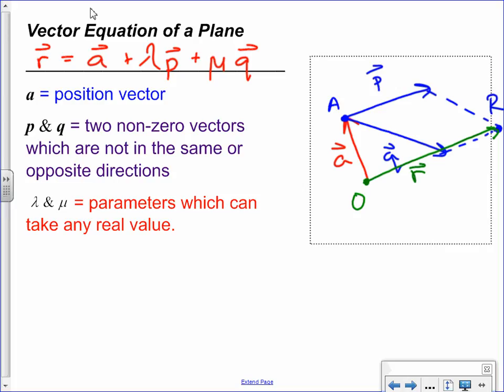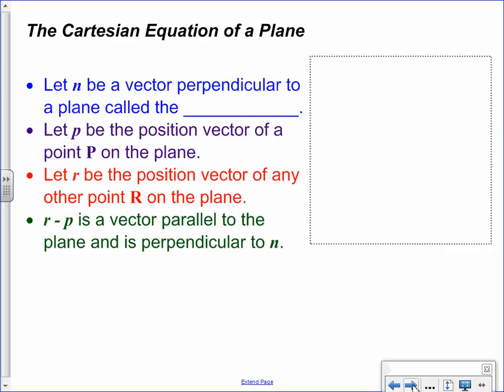The Cartesian equation is similar to that from last time. So let n be the perpendicular to the plane. The normal. Very good. So we're calling this the normal to the plane, right?